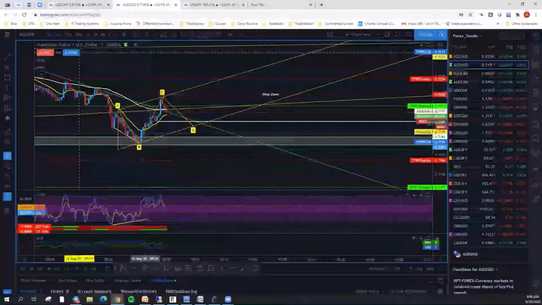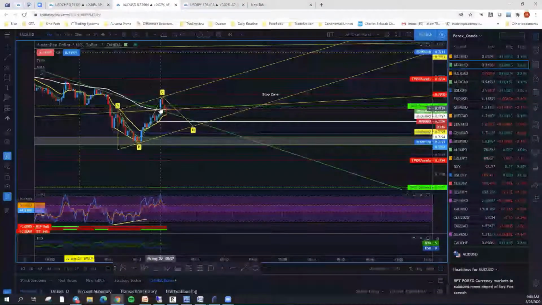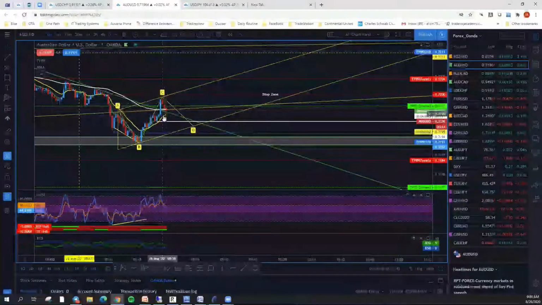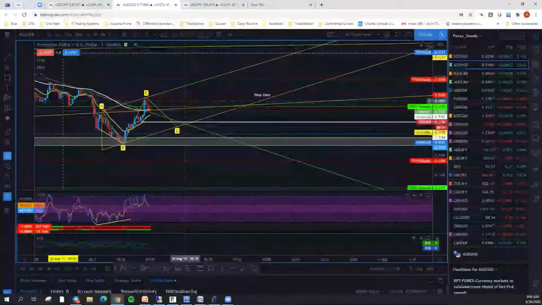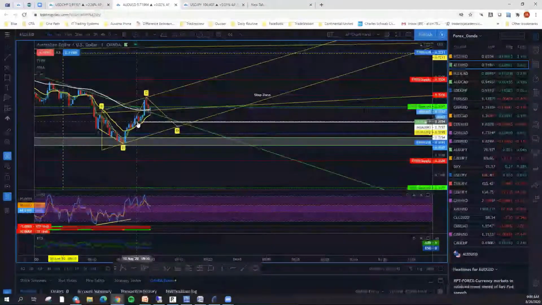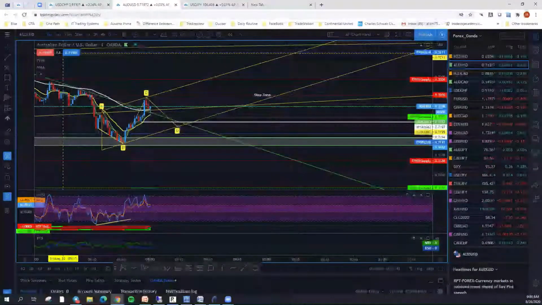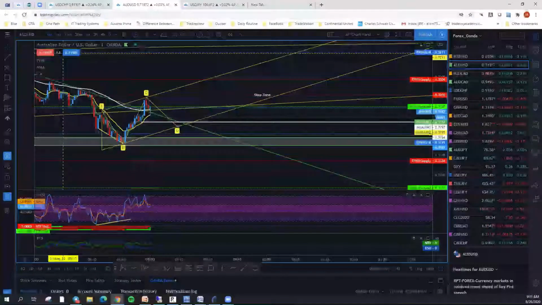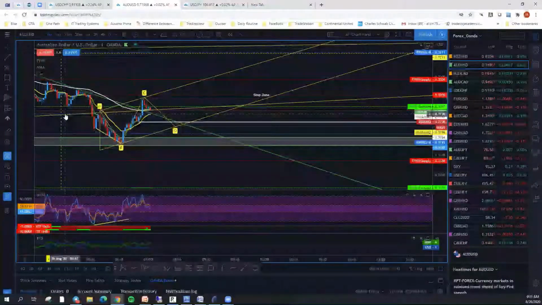And now we have everything crossing over. We're right at a green fib line, crossed it, checking it. We have the cross of the green, cross the yellow. All these are bunched up. And we're back into, here's our main wedge again.